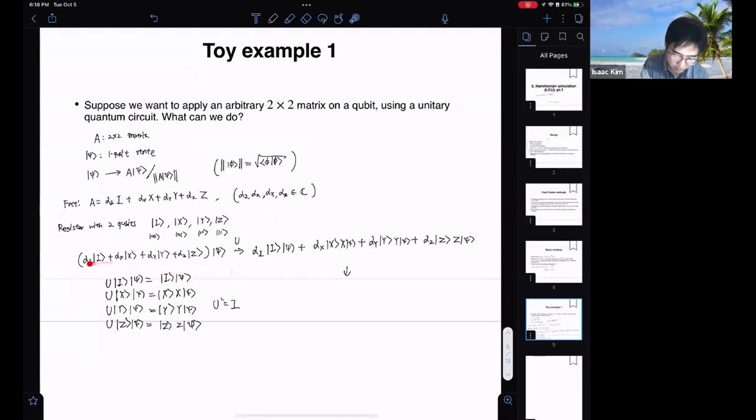So this register that contains information about I, X, Y, and Z, we'll measure in a specific basis.